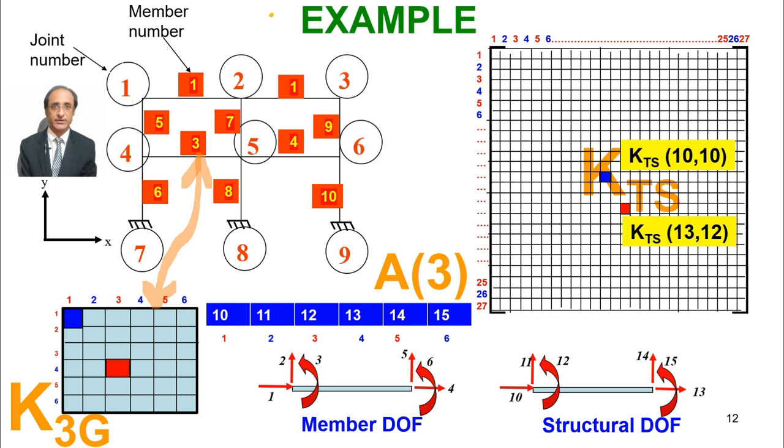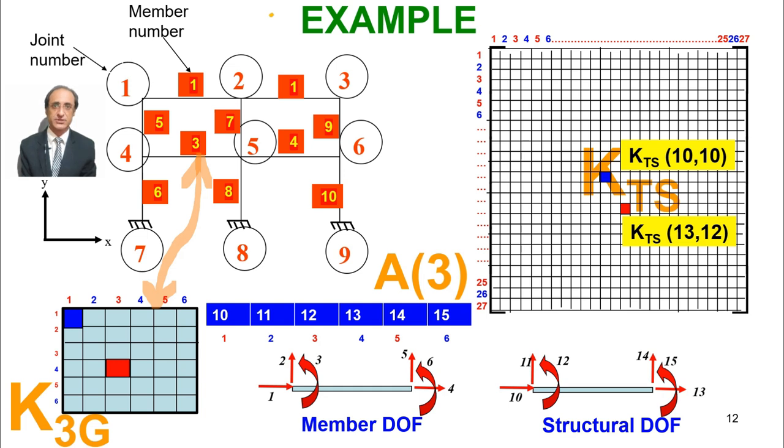Just like we have done for member number 3, we have to similarly do for member number 6 and similarly for member number 5. So we keep on doing this. When we repeat for all members of the structure, what do we get? We get the final total structure stiffness matrix. So what we have done? We have done it computationally. We have not used any crystal class.